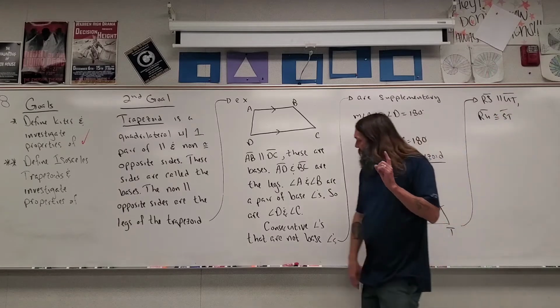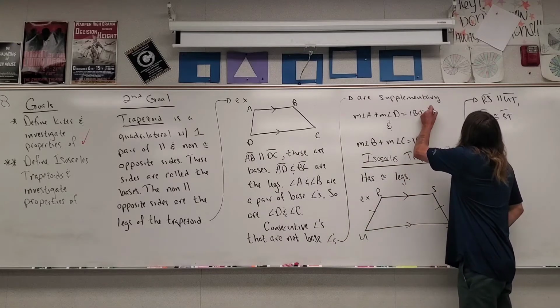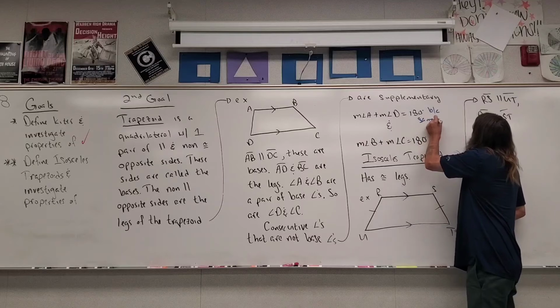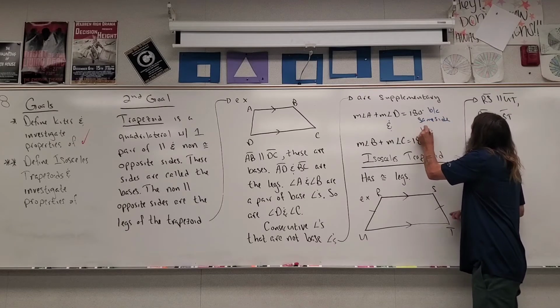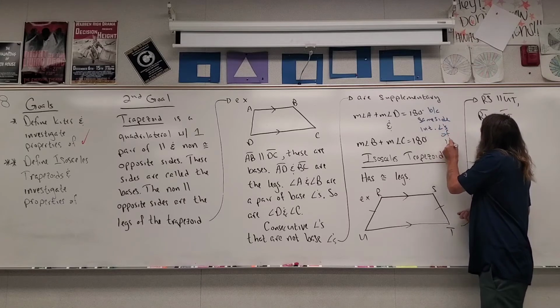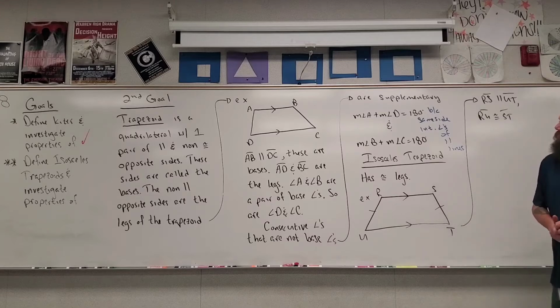And the reason why they add to 180 degrees is because these are same side interior angles of parallel lines. Okay, that's why these are going to add to 180 degrees.